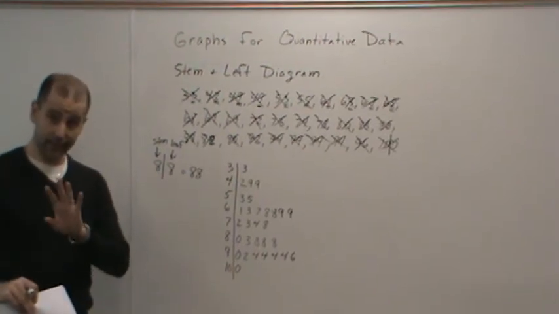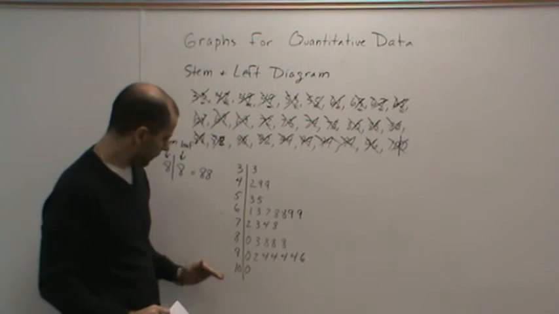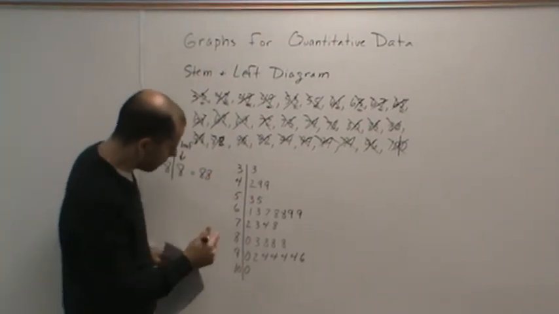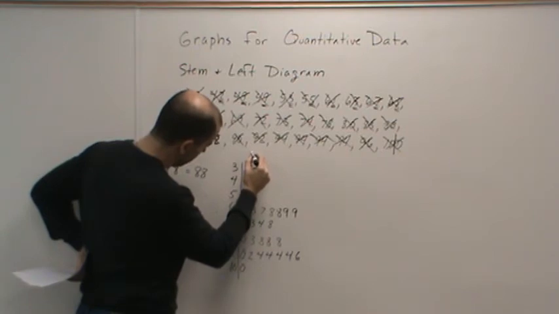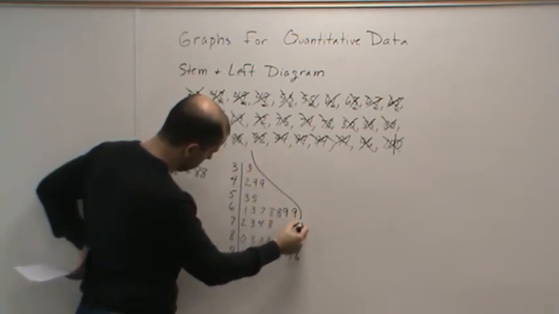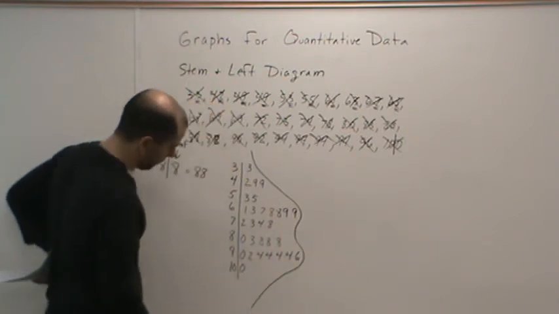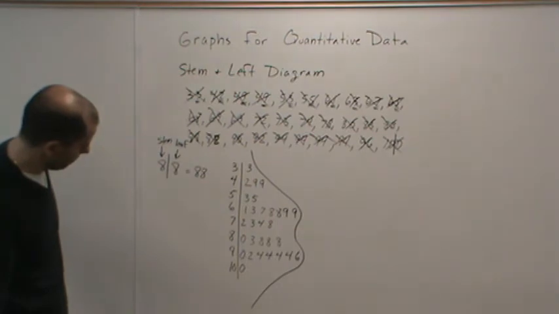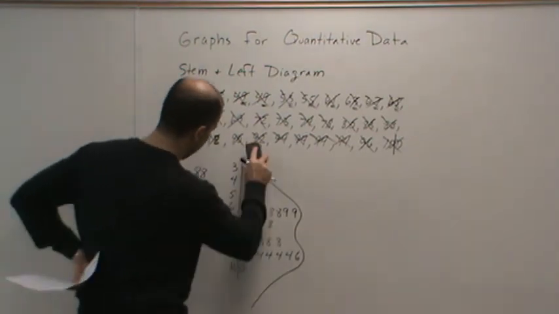So a couple of things, again, as far as interpretation, look at this. I've got a distribution that looks something like this. Or I could do it this way.